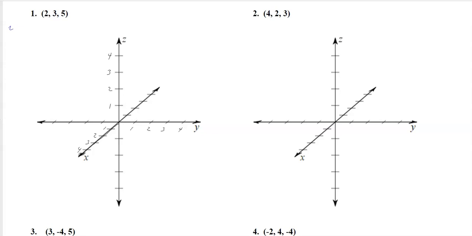2, 3, 5. So remember, x is the 2, y is the 3, and z is the 5. When I go to the 2, I start from the origin, 0, 0, and I come out to the 2 direction. Then we're going to go in the positive 3 direction, which means I'm going to start heading this way.